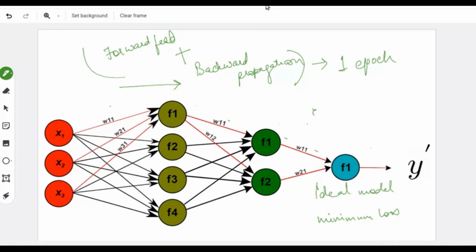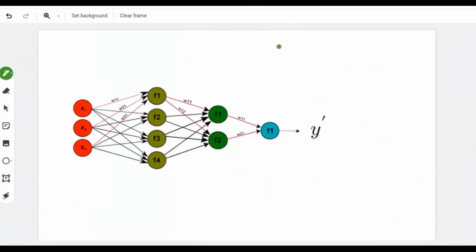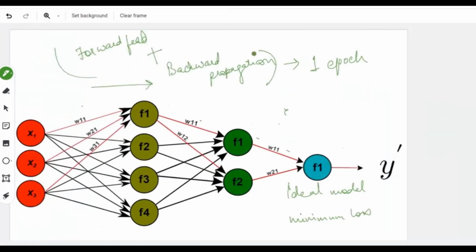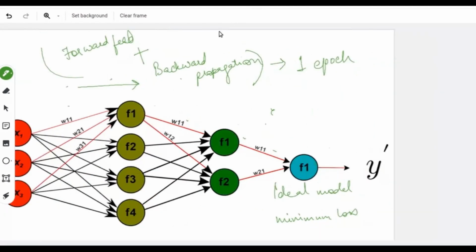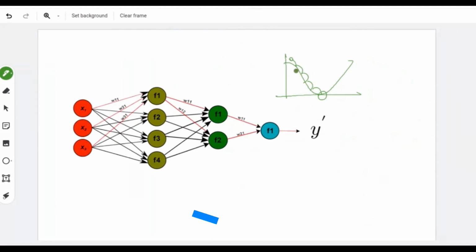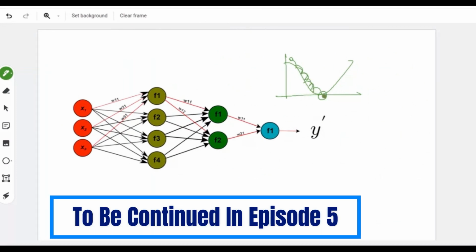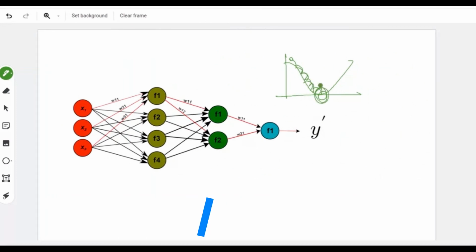If you remember what is happening here, you remember this example. You go down and then you go down, then you go down and down and down until you reach this final destination, right? So you can think of this going down as moving backwards one by one, forward and backward, one epoch, one after the other until you reach the minimum loss.